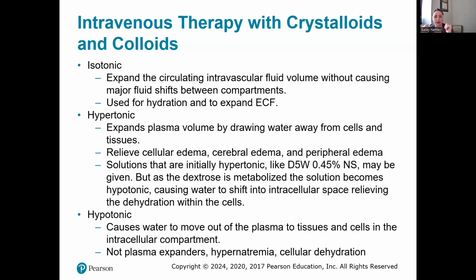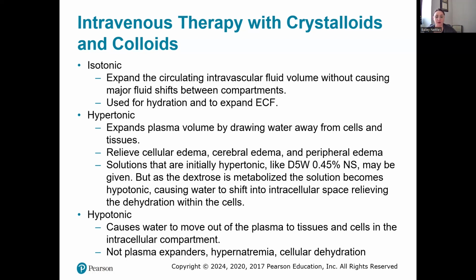I give you the D5 half normal saline, which is what that is right here. So that's pulling the extra water into the plasma, into the blood vessel, because we have edema. But my cells are still dehydrated. So after the dextrose is metabolized, the hypotonic solution is going to hydrate my cells, okay?